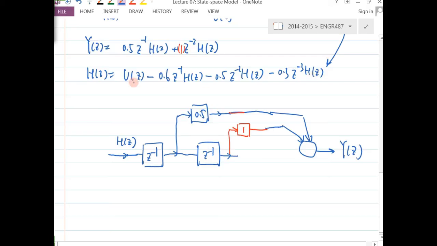So u of z is the input. Let's say I have u of z as an input here. This signal is subtracted here, and z to the power -1, h of z is whatever is here, right?